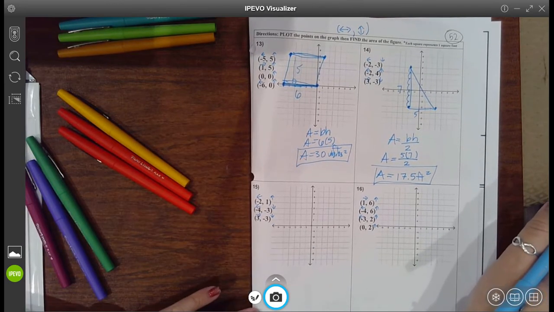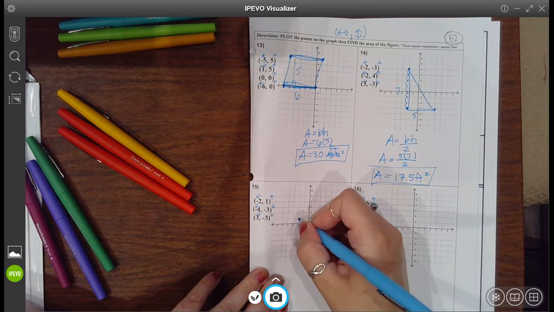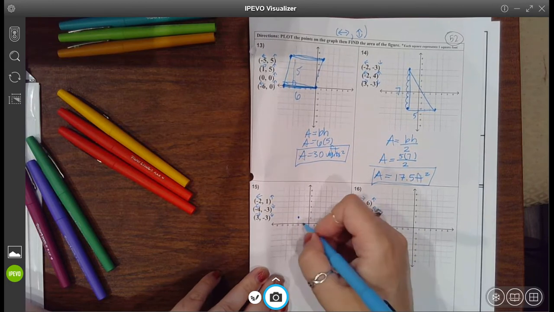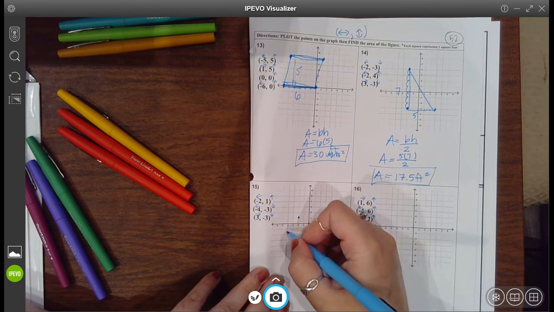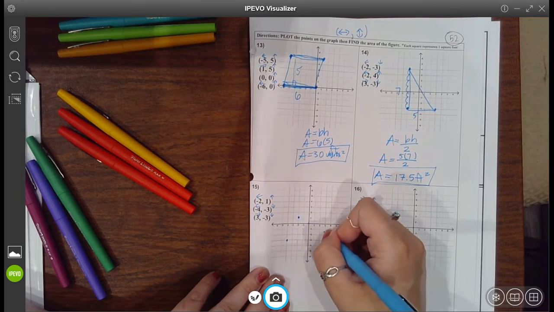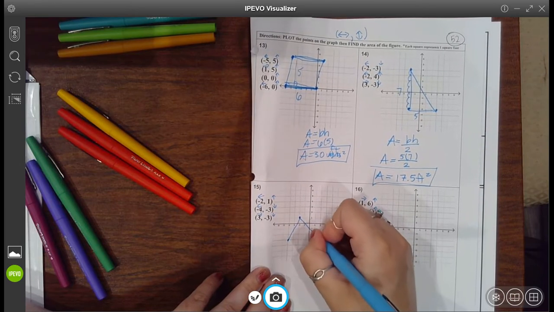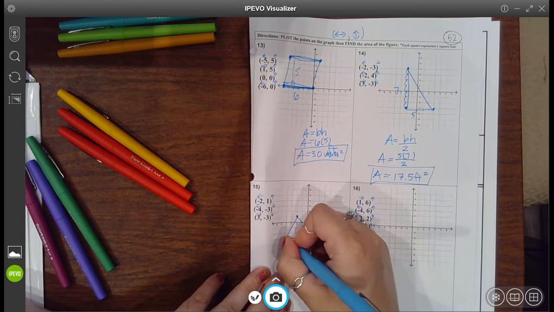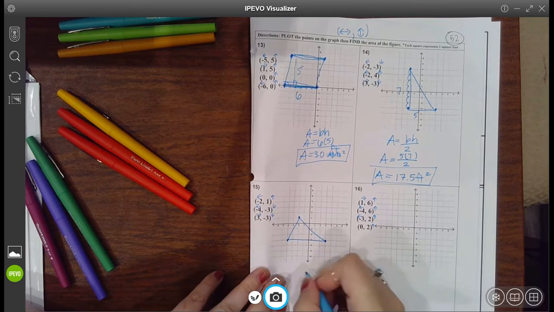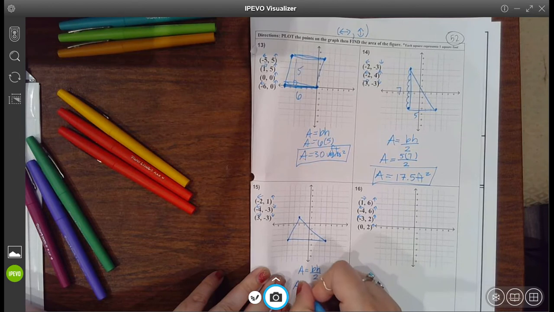All right, 2 more left. You've got this. 2 to the left, 1 up. 4 to the left, 3 down. 3 to the right, 3 down. And connect those to see what shape they make. And it's a triangle. So area equals base times height divided by 2.